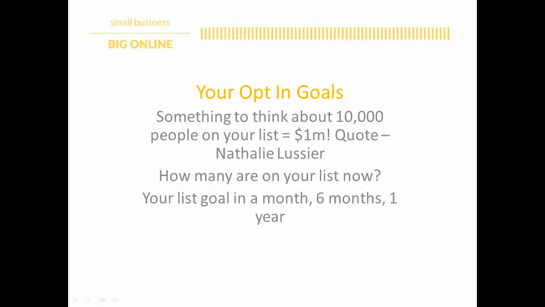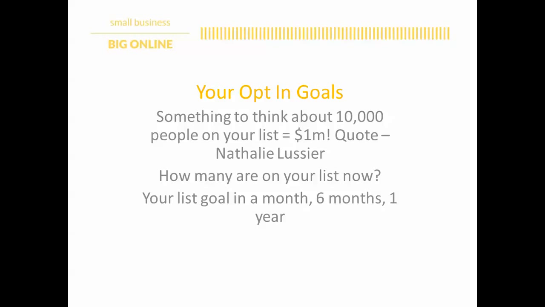One thing I want to share with you when it comes to your opt-in goals, because what I want you to do in this lesson is work out a figure, an amount that you want to start building towards when it comes to building your list. I've done some really great courses on list building, and I did a course with Natalie Lucier, and she had a quote that really stood out to me and reinforced how powerful having a list is.